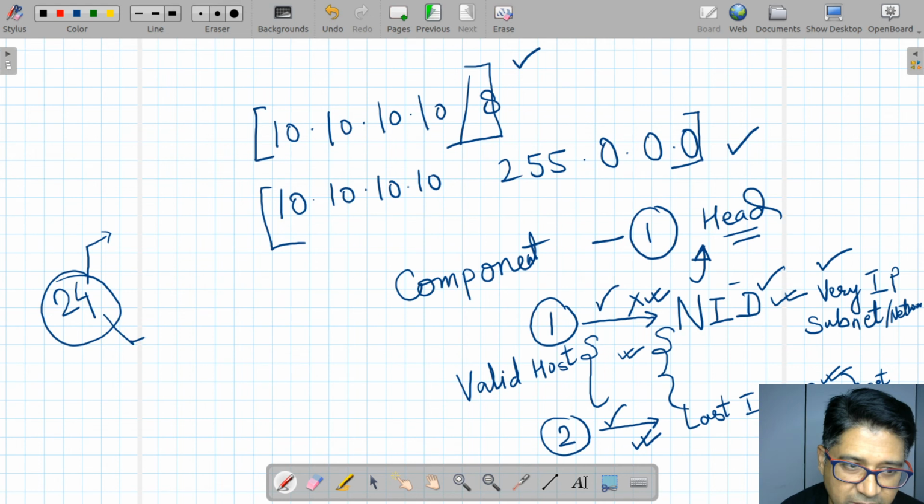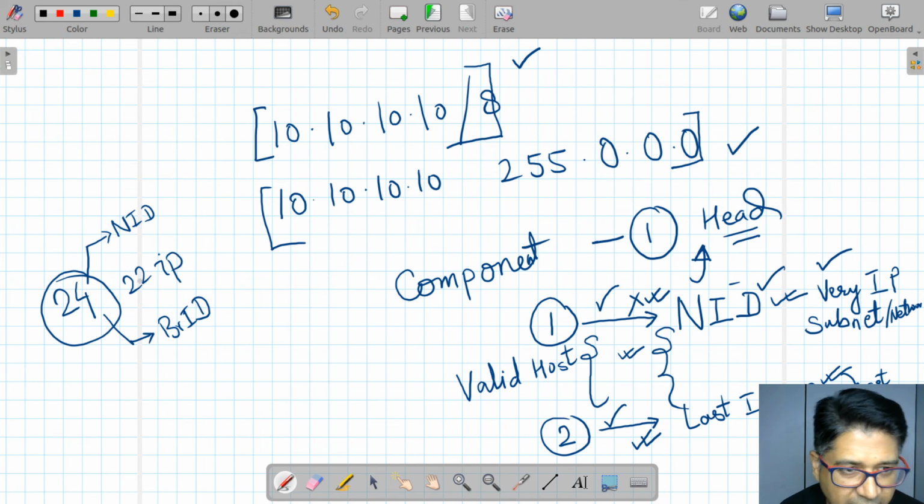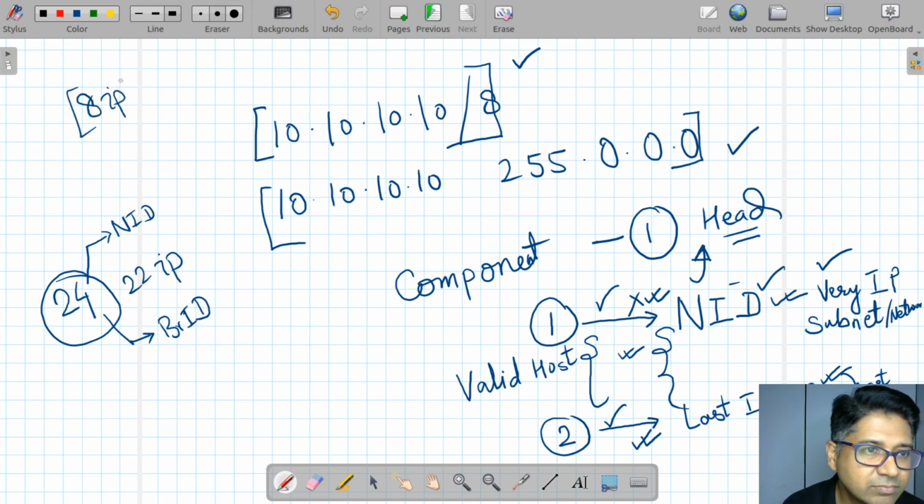Excellent, that's easy. The first IP is reserved for the network ID and the last IP is reserved for the broadcast, so we have only 22 IPs for use. Suppose I have 8 IPs in the network. How many usable IPs will there be? 6. Excellent.